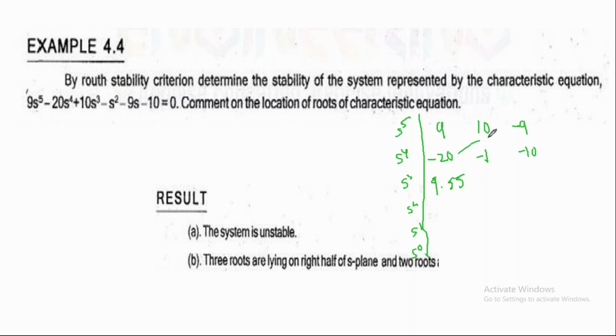Next, minus 20 into minus 9, minus of 9 into minus 10, divided by minus 20. Let's see what comes out.